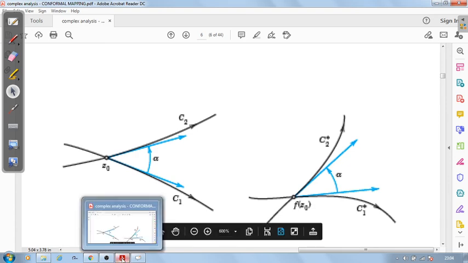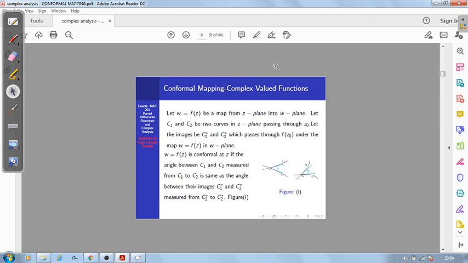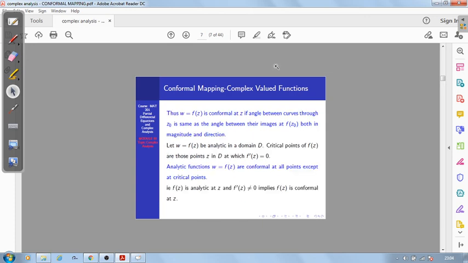When you consider conformality, we have some conditions satisfying which you can conclude that the map is conformal. Suppose w equal to f of z is conformal at z0 if the angle between curves through z0 is the same as the angle between their images at f of z0, both in magnitude and direction.